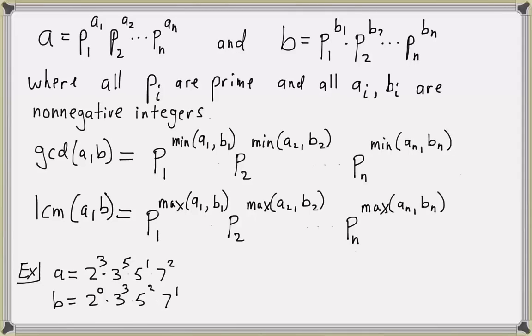And notice if a prime doesn't occur in the factorization, then you can still include it in the prime power decomposition as 2 to the power 0, for example, or that prime to the power 0.